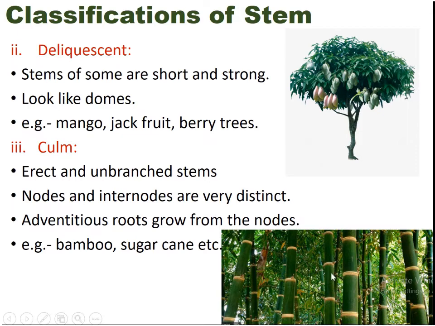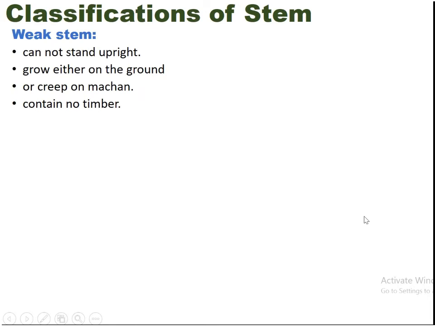This green region is the internodes, and this yellowish region is the nodes. So they are very distinct in their look. Even adventitious roots can grow from this yellowish region, that means from their nodes.